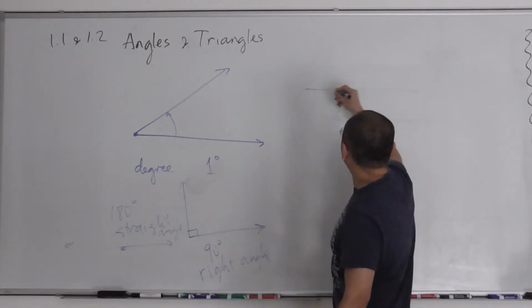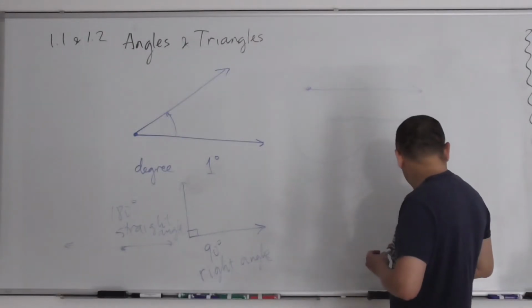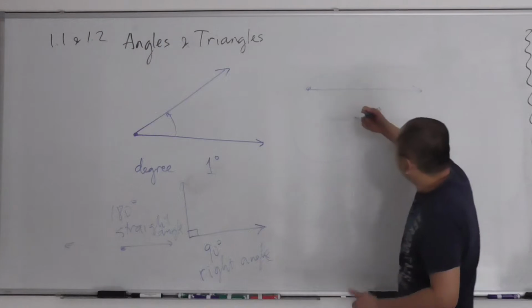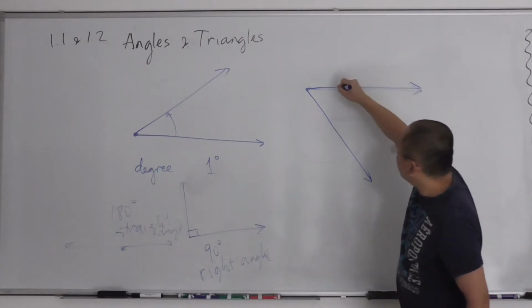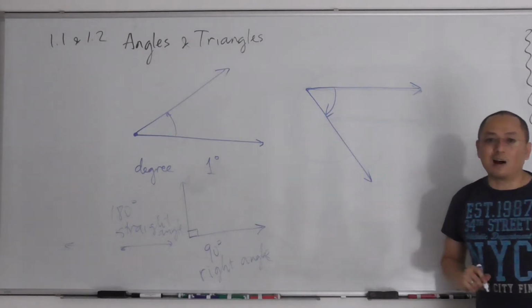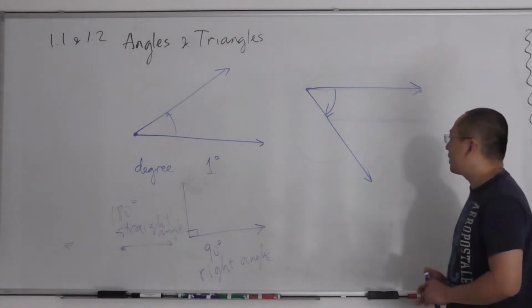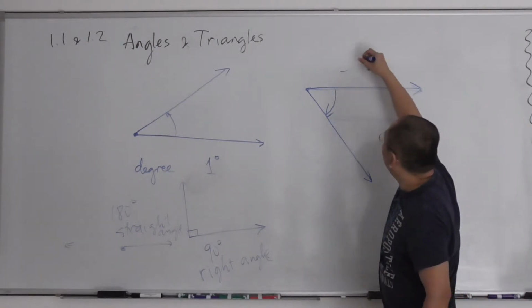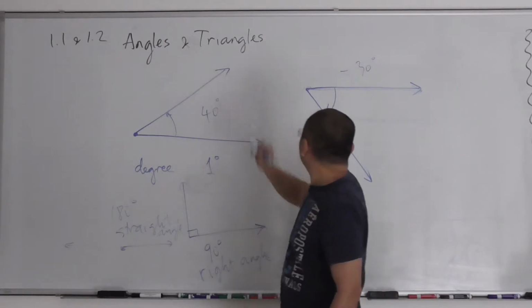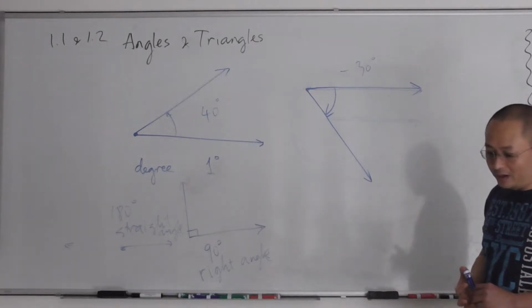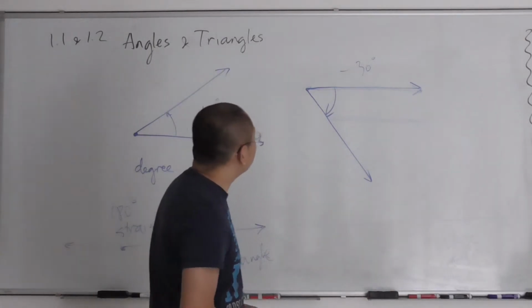The other way around, say if my first ray is right here and the second ray is down here, and the angle is moving this way, clockwise, then we're going to have a negative angle. So actually, in our trigonometry class, we may have an angle of, say, negative 30 degrees. This one is like a positive 40 degrees, for example. Okay, those are the basic information about angles.